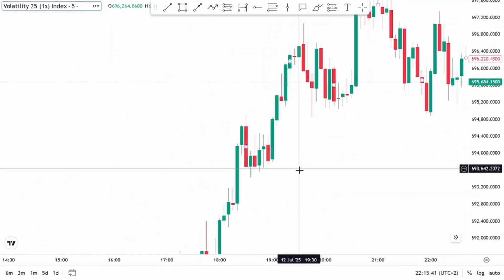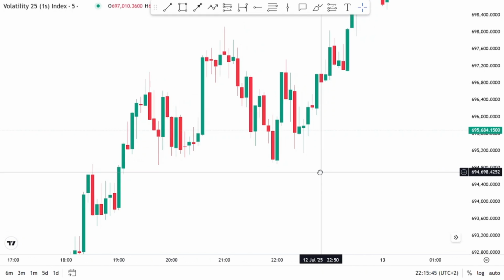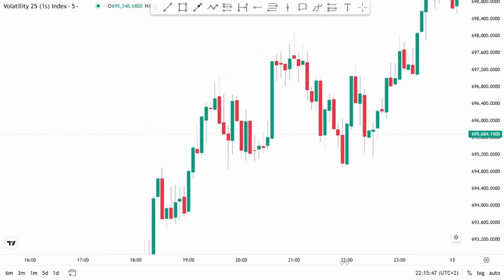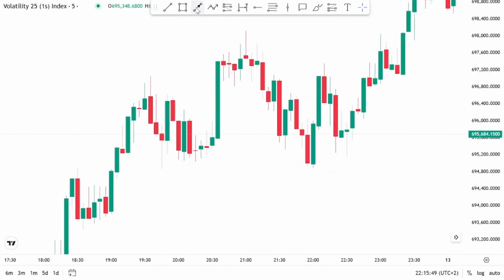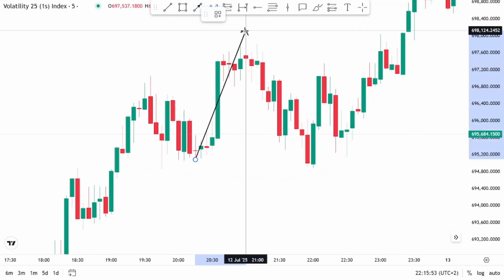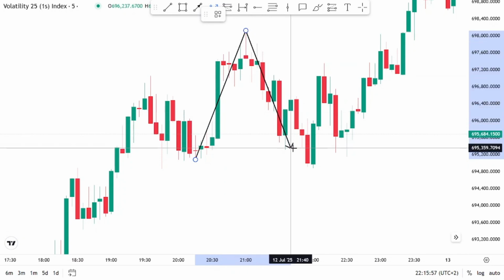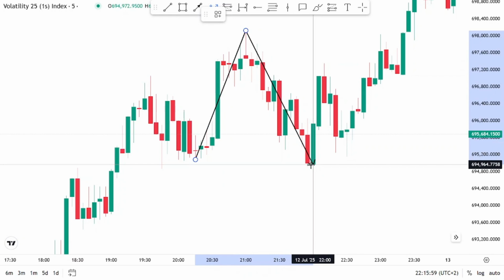Sell. Okay, this one. So for selling, we sell at a premium level. Price went up and then price came down here. Okay, we don't have a breakout structure here.